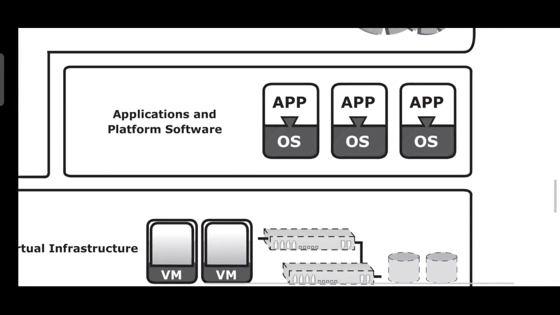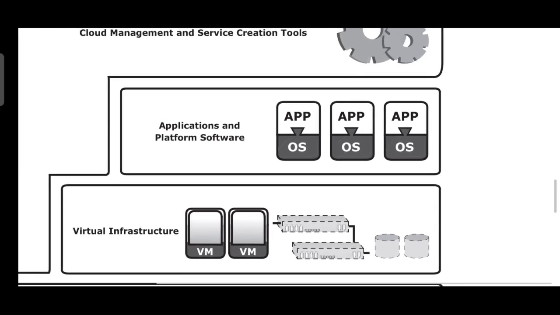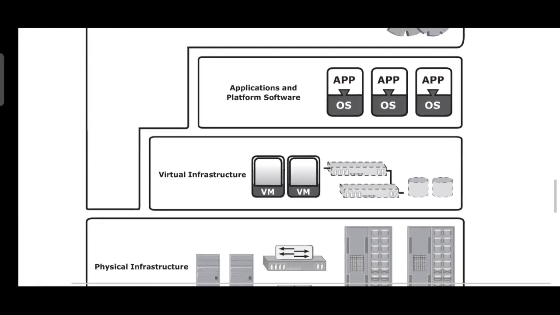Then on top of it, we have application and platform software. Multiple operating systems can run on a single virtual machine, and each operating system can run different applications as per the user requirement or the needs of the customer. These are the three different layers you can see.